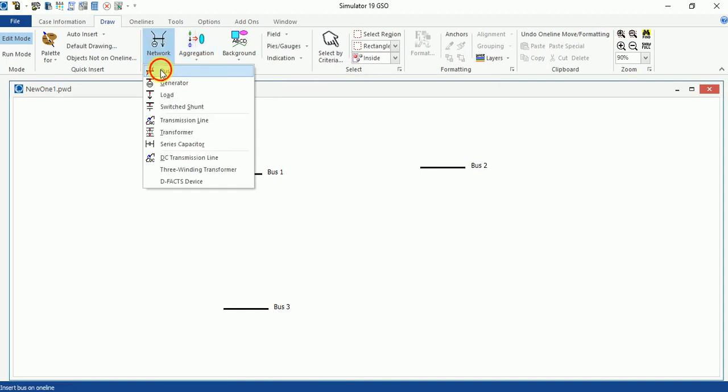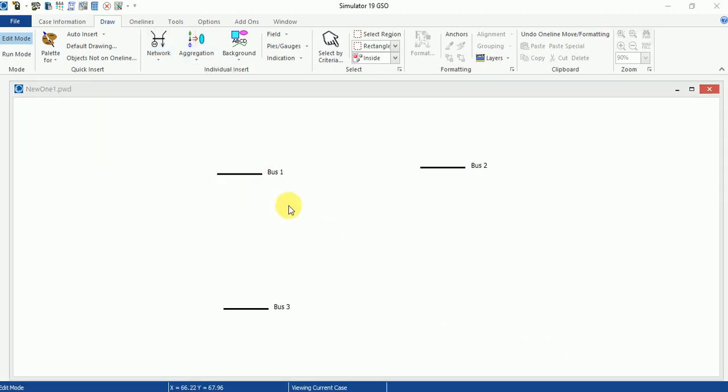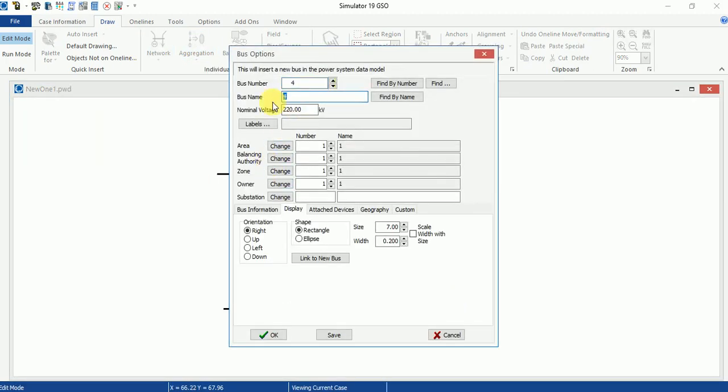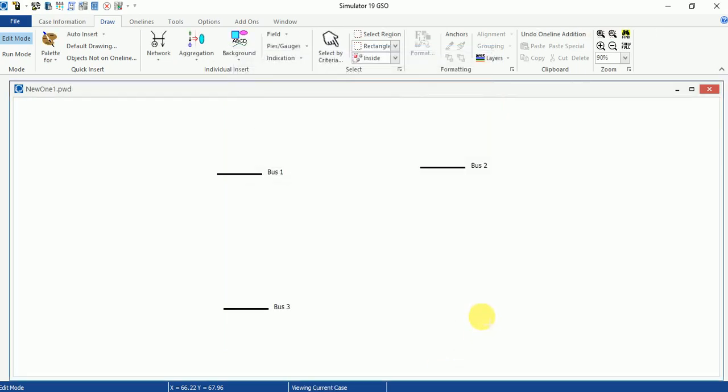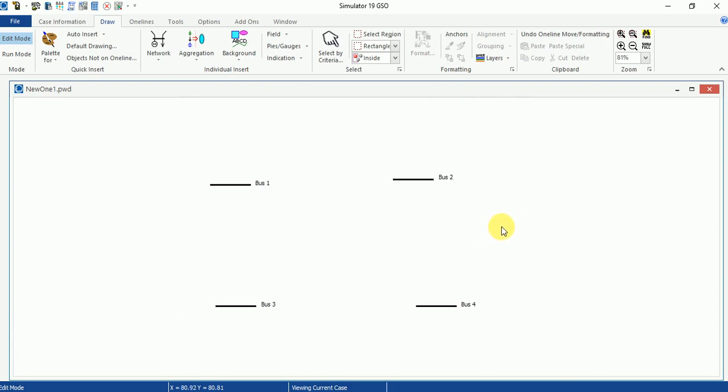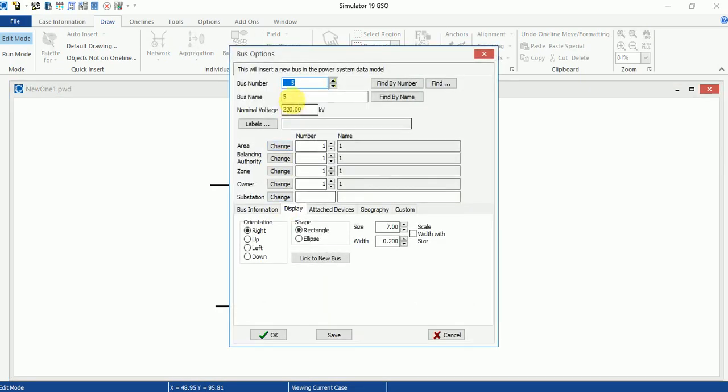Now bus bar number 4, rename it as bus 4. Click OK. And finally we should add bus bar number 5, which is our last bus bar. So go to Network, select Bus and place it here.